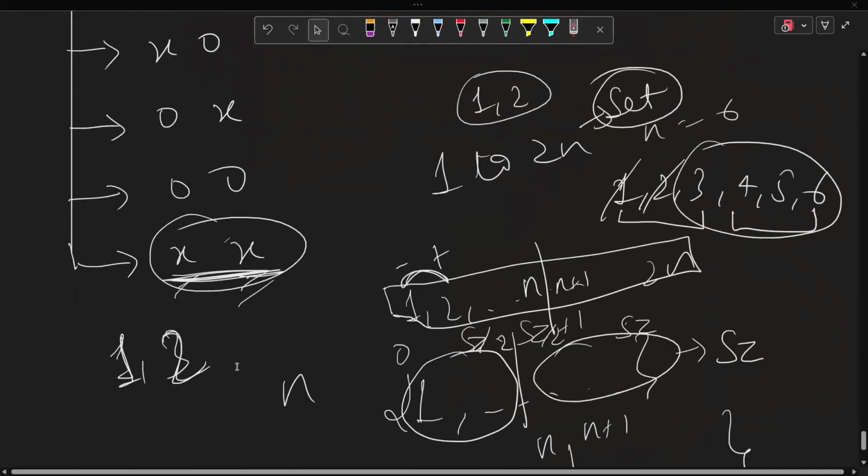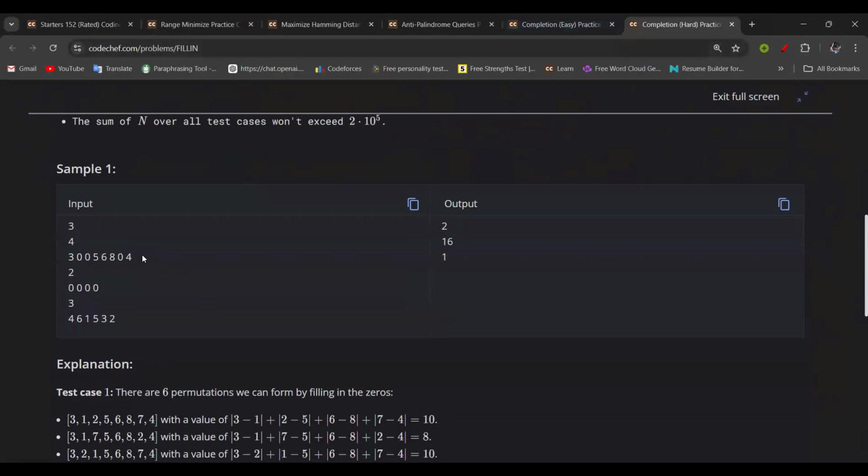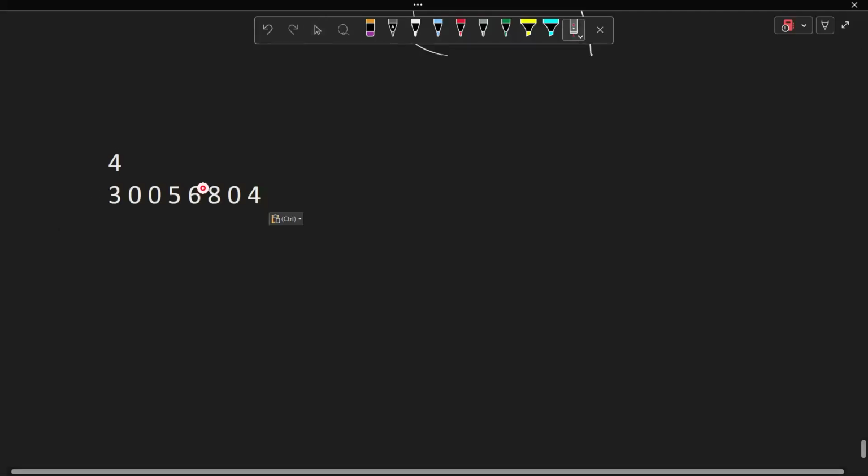Let's take one test case before the harder version. Okay, let's take this test case. Try to understand what we are doing. First thing, n is 4. So in a set, you just put all elements from 1 to 2n.